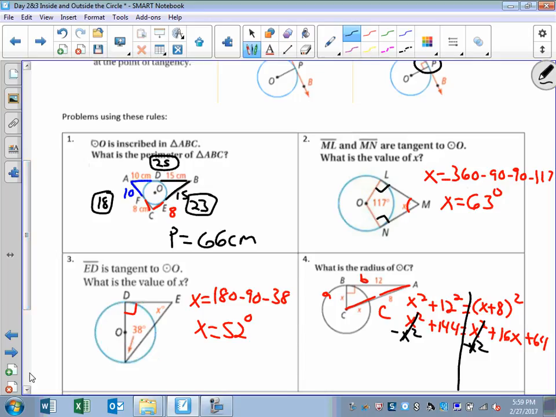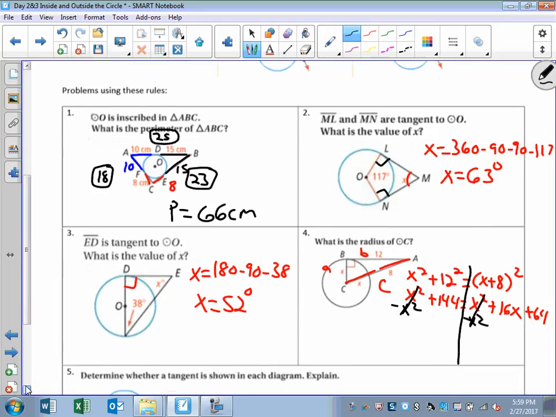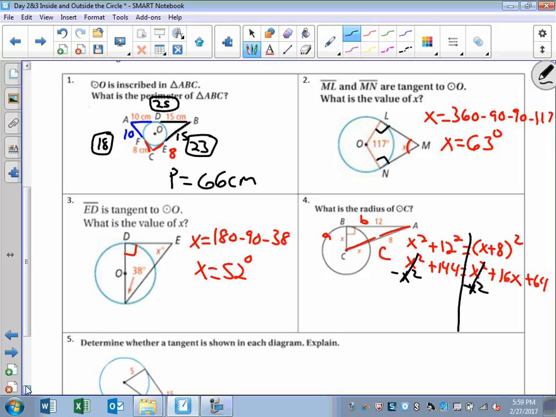So now all we have is 144 equals 16x plus 64. And once you minus 64 from both sides and then divide by 16, you should get 5 equals x.